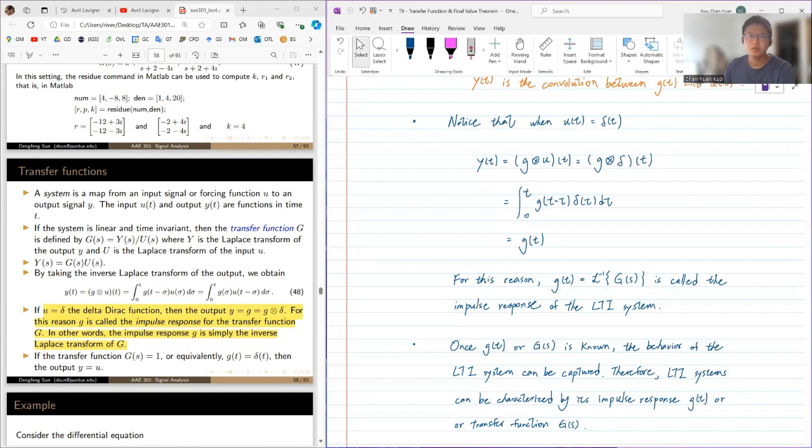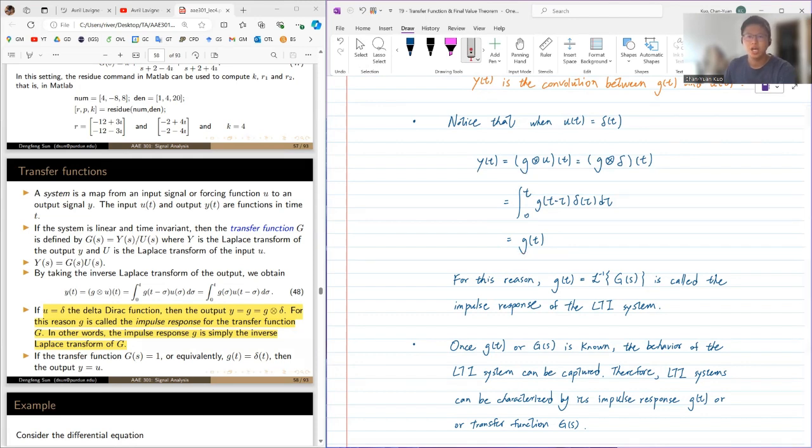Now let's take a deeper look at g(t). When a Dirac delta function or an impulse function delta(t) is applied to the system, the output y(t) is the convolution between g(t) and delta(t). Then, according to the definitions of convolution and the impulse function, we can see that the convolution between g(t) and delta(t) is simply g(t) itself.